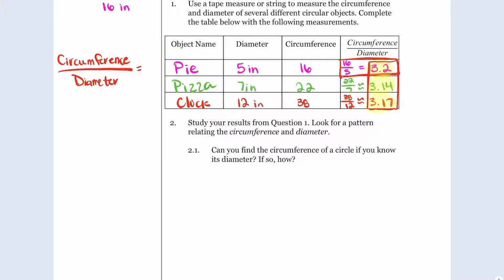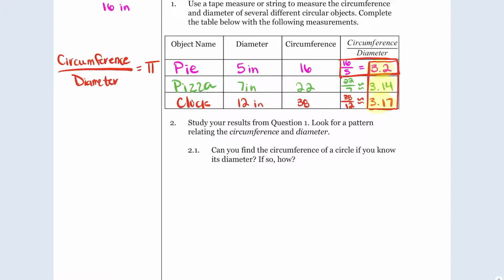Yes, the circumference divided by your diameter is always going to give you pi. Isn't that cool? Yeah, try it with any circular object that you guys find at home today. Measure its diameter, measure the circumference, divide the circumference by the diameter. You're going to get awfully close to pi.